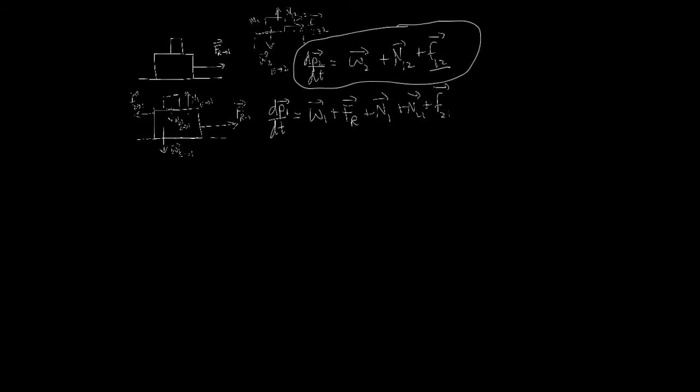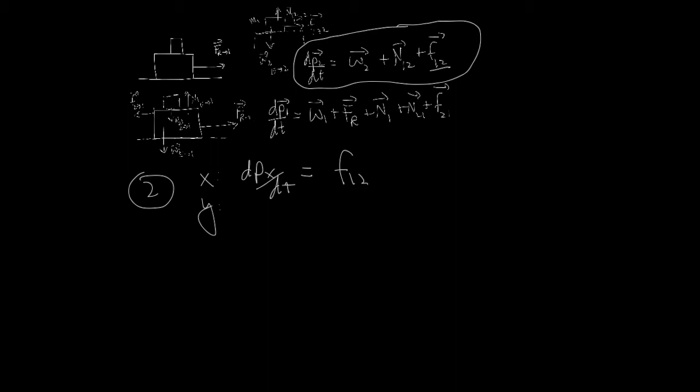So let's start with the easy stuff. The other thing is, of course, we know the weight of mass 2 is just m2 times g. So let's talk about mass 2. We'll have x, and we'll have y. dpx dt is going to be f12.